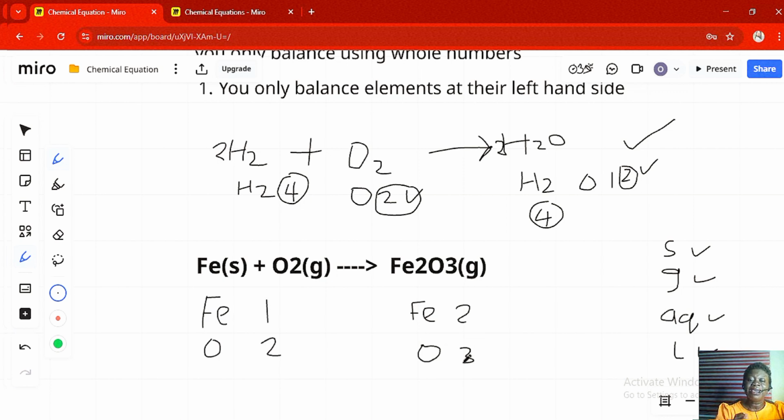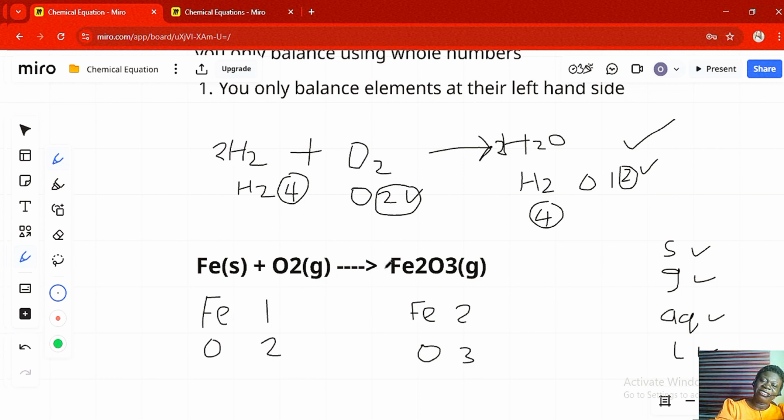So, you can see that oxygen is 3 here at the product side, and oxygen is 2 here at the reactant side. Remember the rules. Don't write or add anything at the right hand side. You rather write in front of the elements or compound. So anything we are writing to balance the left and the right hand side is in front.